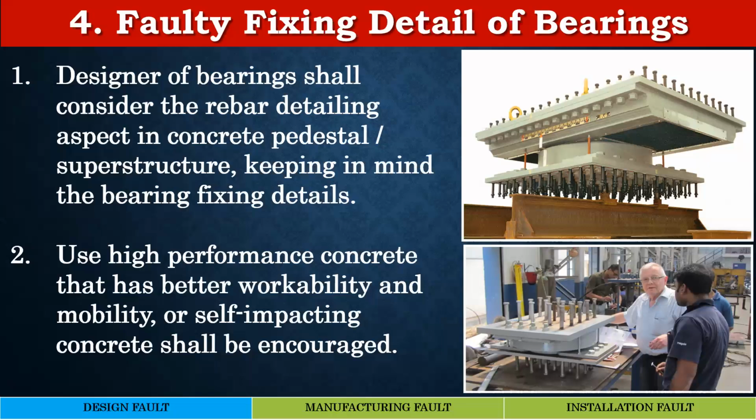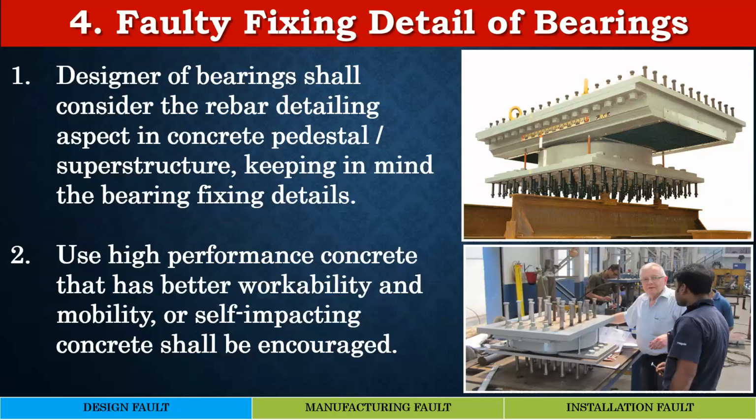On many occasions, I found that, for example, if you have a steel superstructure, then the connection detail of the top plate will be entirely different from the connection detail of the bottom plate, because the bottom plate will be fixed into the concrete pedestal and the top plate is supposed to be fixed to the steel superstructure.